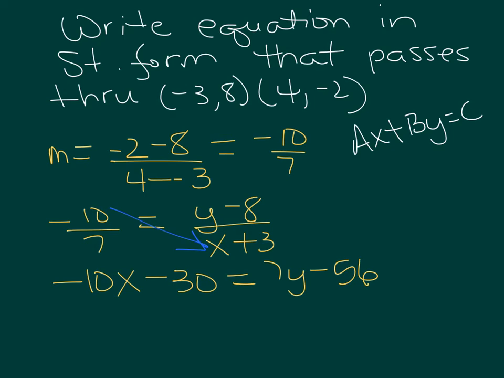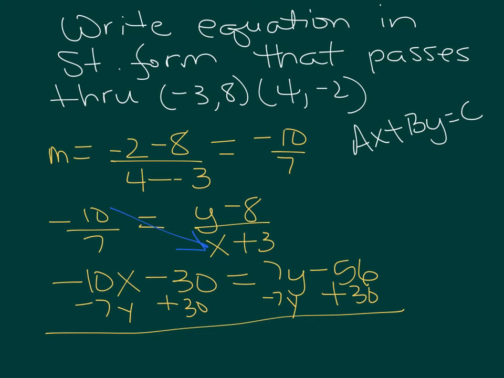For standard form, I need to subtract 7y from both sides, and I need to add 30 to both sides. You can do that in 2 separate steps. You don't have to do it in one step if that's not comfortable for you. We get -10x minus 7y equals -26.